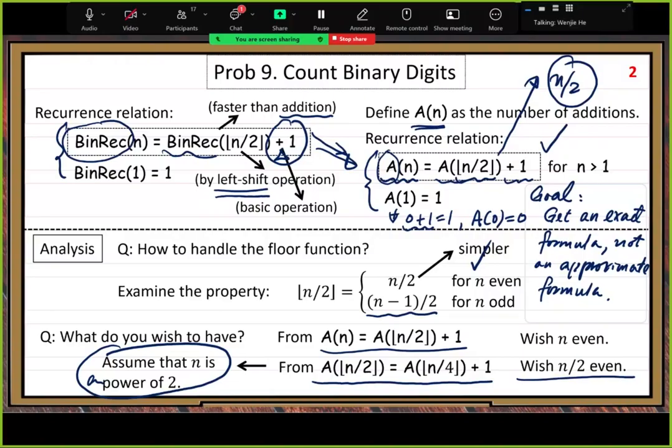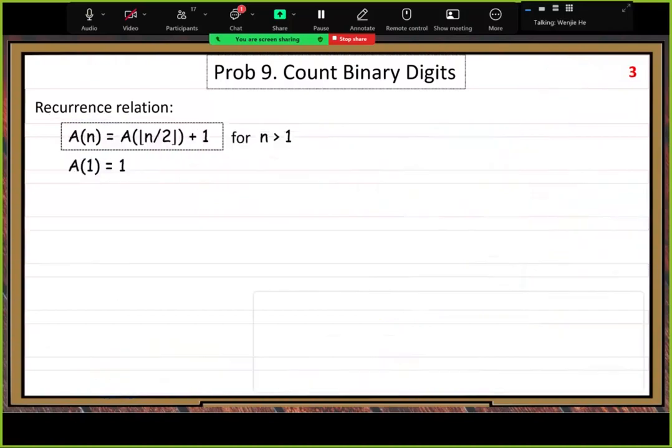Then we can ignore all the round down errors when we apply the recursive function. So the first time, we assume n is 2 to the k. How about that? N is 2 to the k, so then k equals log base 2 of n.